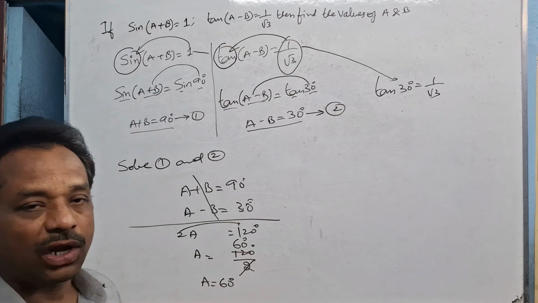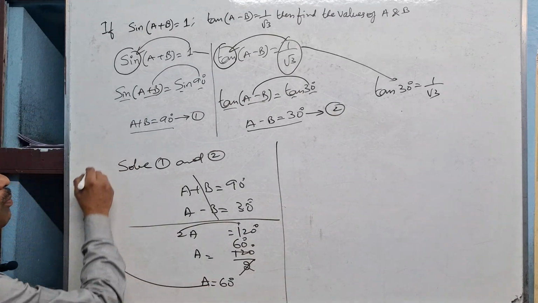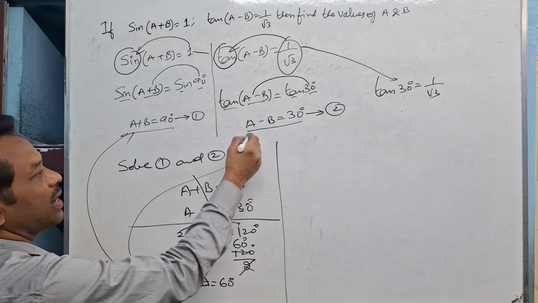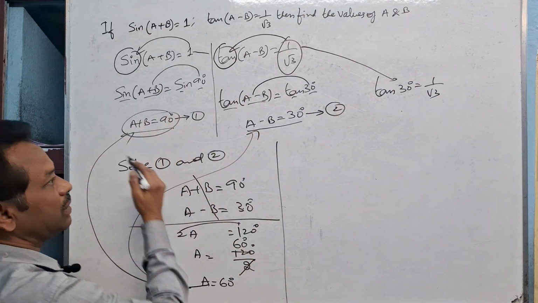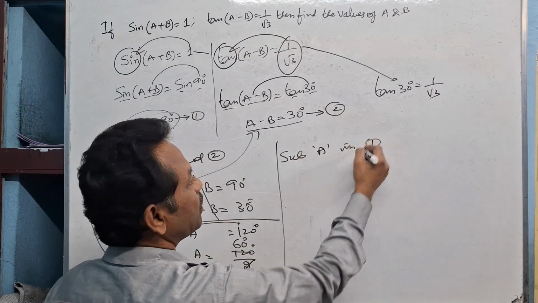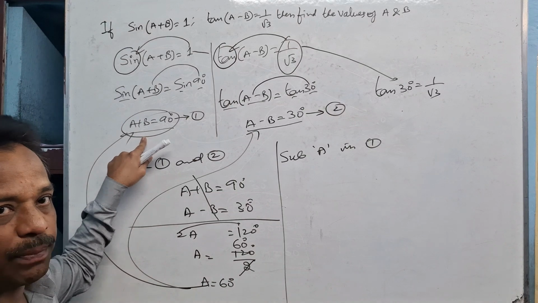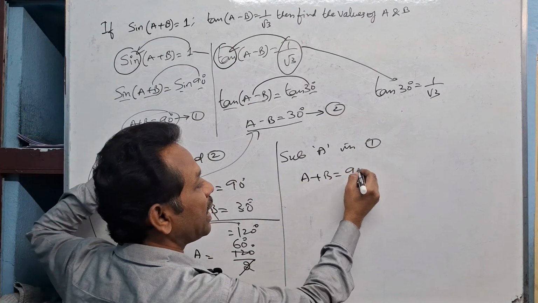Once you know the A value, how do you find the B value? Either you put it in the first equation or in the second equation to get the B value. Let me take the first equation. Substitute A in equation 1. Our equation 1 is A plus B equals 90.